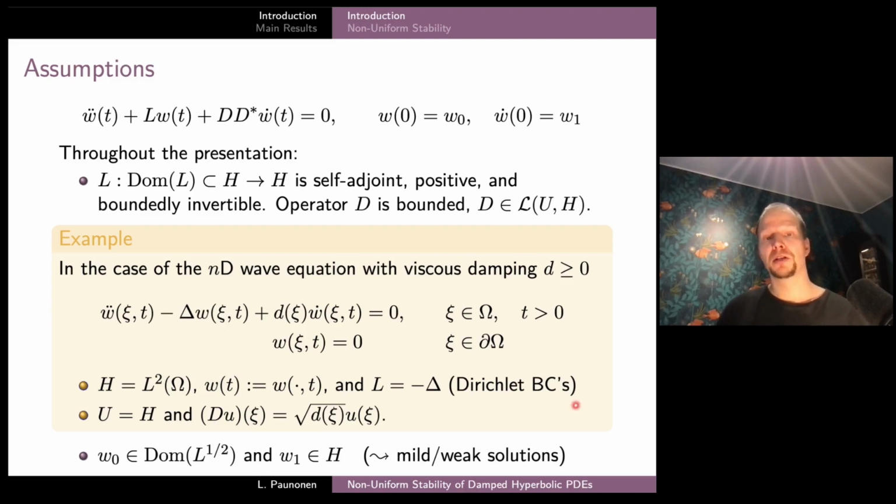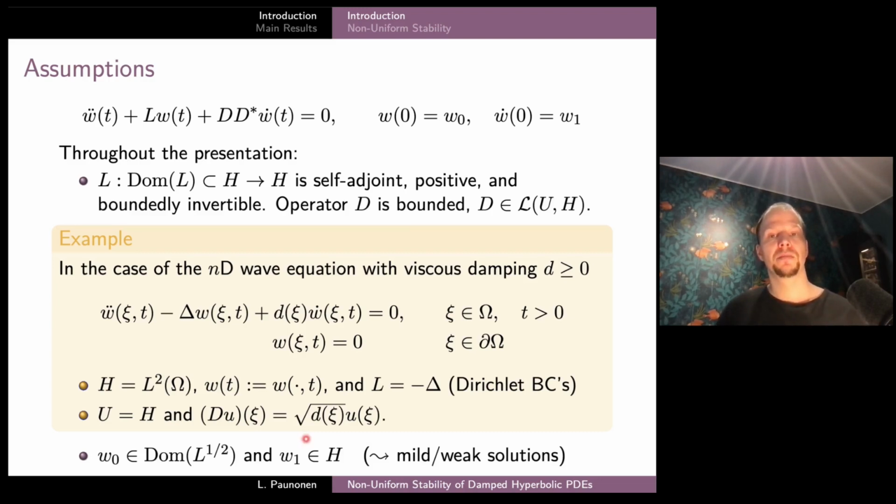And under suitable assumptions on the spatial domain omega, and with Dirichlet boundary conditions, this is indeed a self-adjoint positive and boundedly invertible operator. And the operator D is defined as a multiplication operator which multiplies a function pointwise with the square root of the damping function.